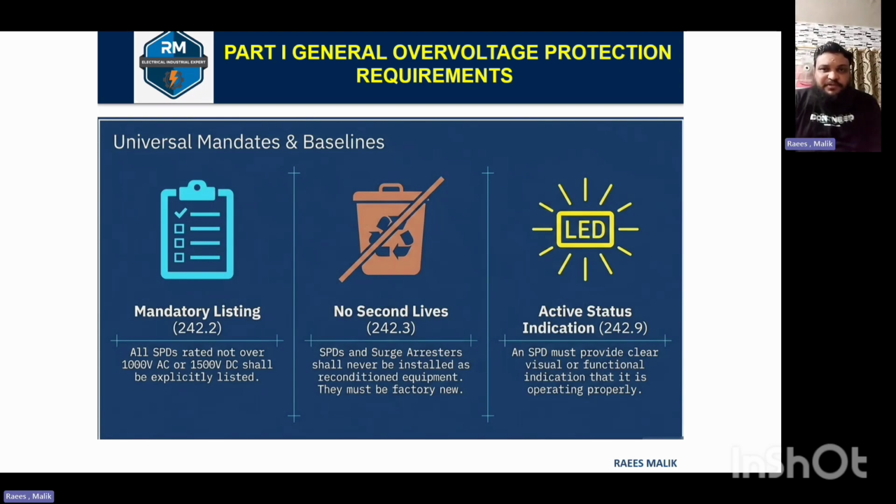They should always be installed as new, factory new, or listed equipment for that specific application. 242.9 is all about active indication: all SPDs must provide clear visual indication that they are functioning properly or that there might be some issue. So the indication must be very clear.